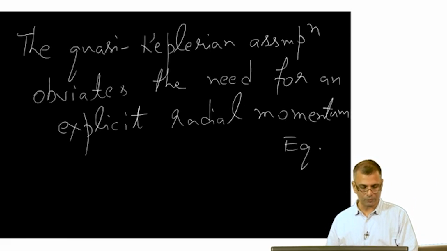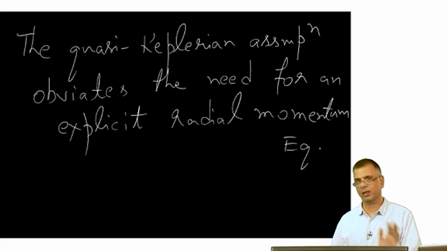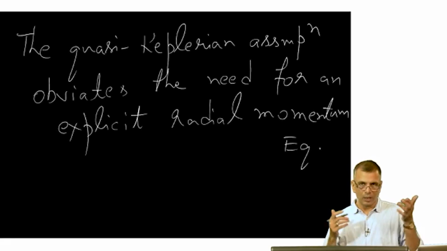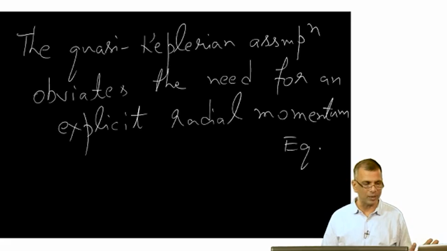Okay. So at any rate, we are already considering quasi-Keplerian accretion disks to begin with, and therefore that is what the radial momentum equation is telling you in any case, so we can forget about that. No need to worry anymore about the radial momentum equation.